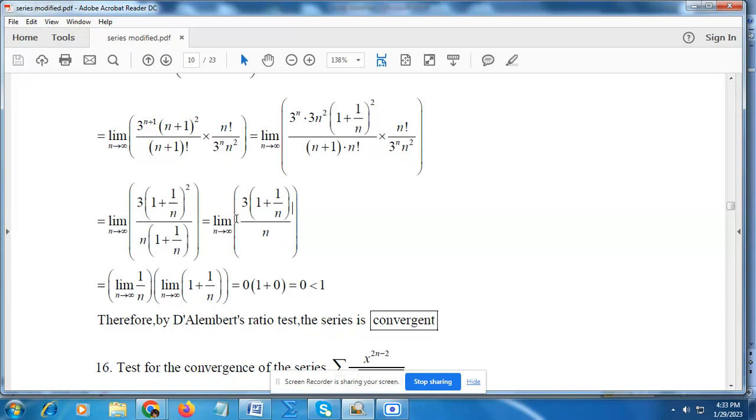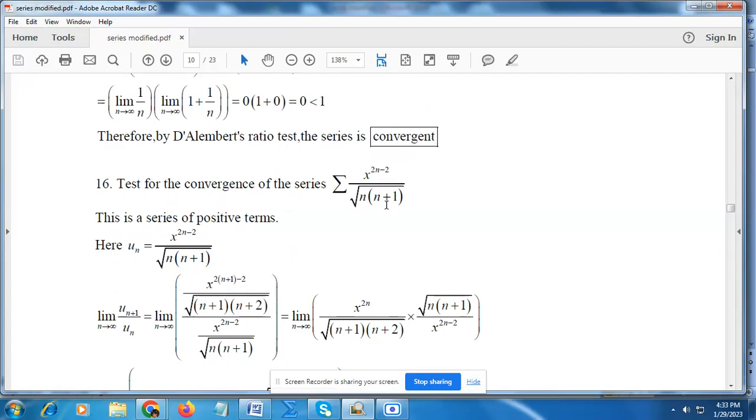Then apply the limit for both terms: limit n tends to infinity of 1 by n is 0 and limit of 1 plus 1 by n is 1 plus 0. 0 into non-zero is 0, which is less than 1. By D'Alembert's ratio test, the series is convergent.